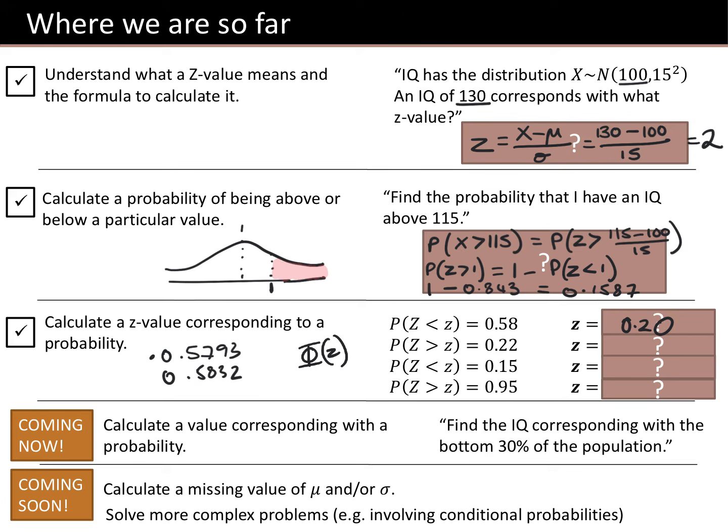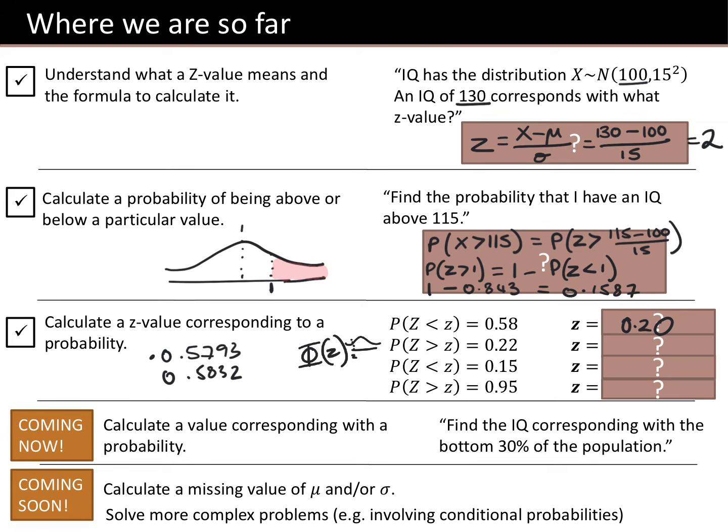Next, it wants the probability of z being greater than z equals 0.22. If I was to draw this as a graph, we want it greater than a value, 0.22. So what does that mean? 1 minus, which is the probability of z being greater than a number, 0.22.